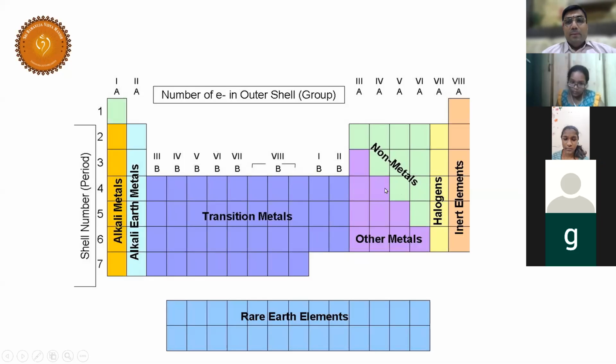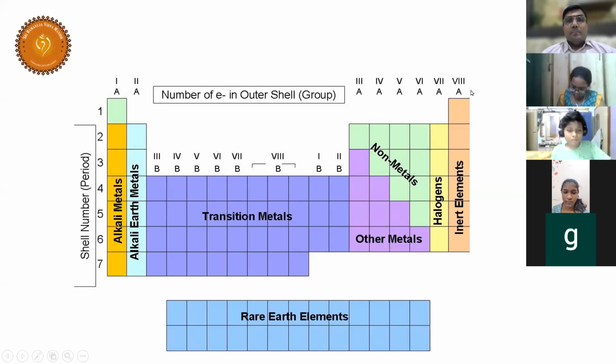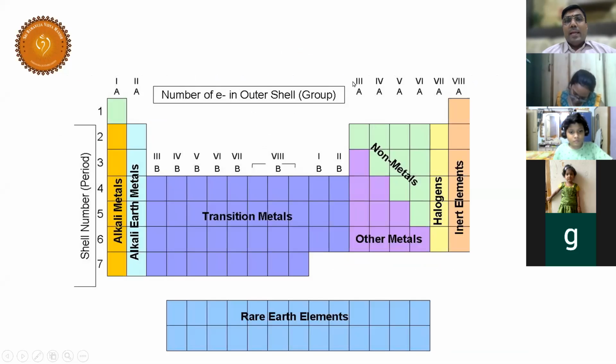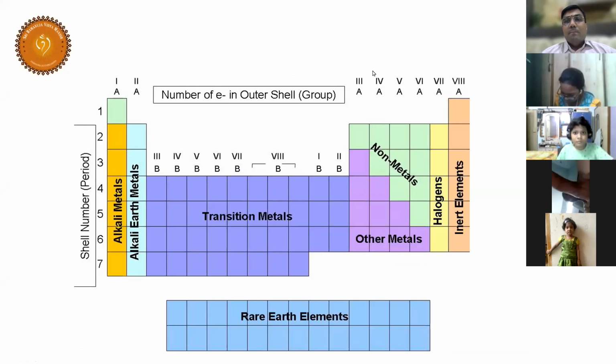Now listen carefully. The elements of the third, fourth, fifth, sixth, seventh, and eighth groups are called P block elements.